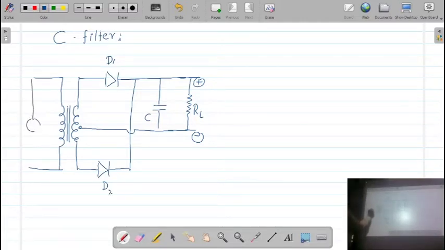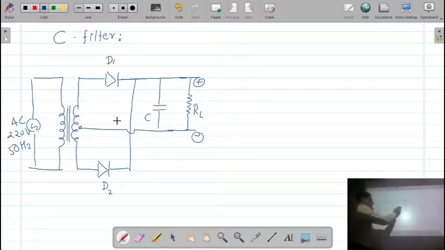To the input of the transformer we apply our AC signal of 220 volts, and the frequency is 50 hertz, which is the AC mains frequency. Then it is given to a full wave rectifier. It consists of diodes D1 and D2. At the output of the full wave rectifier, we are connecting a capacitor in parallel with the load resistance RL.